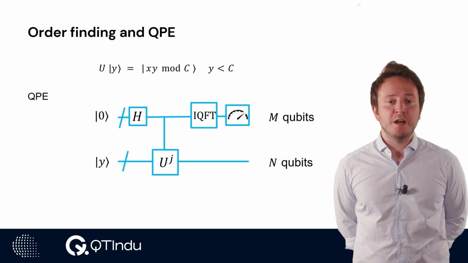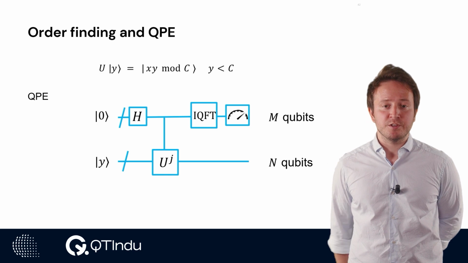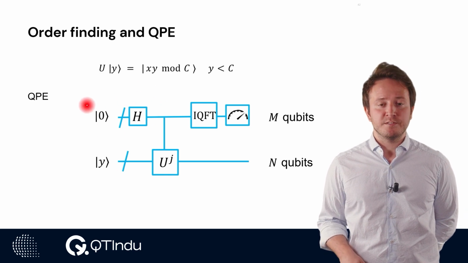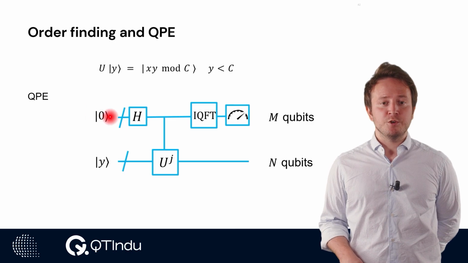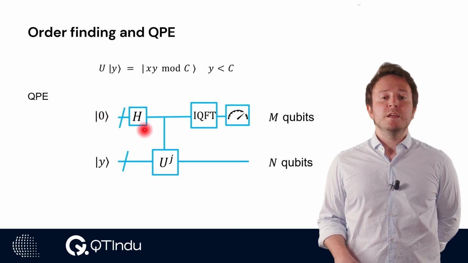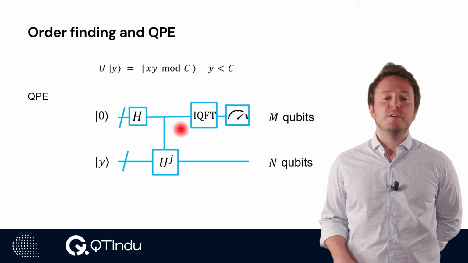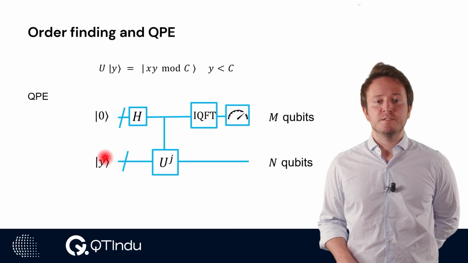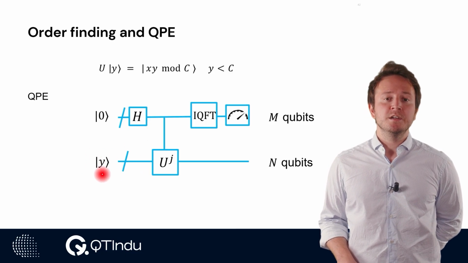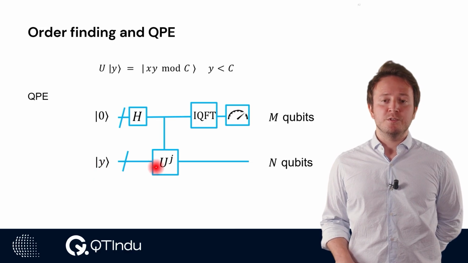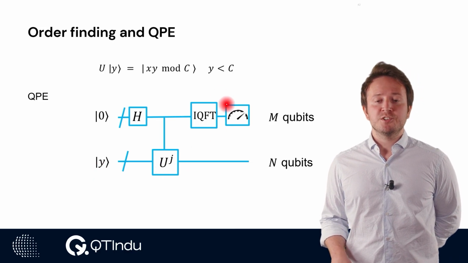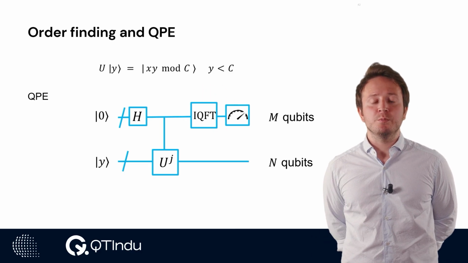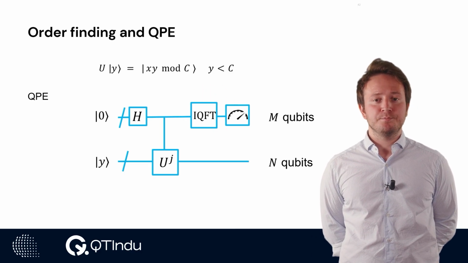I remind you that the quantum phase estimation algorithm looks like this. Essentially, we first add m qubits in the state 0. Then we apply a sequence of controlled unitaries on a state, ideally the eigenstate of the unitary U. And then we extract the phase by just inverse Fourier transforming the m qubit register and measuring the results.